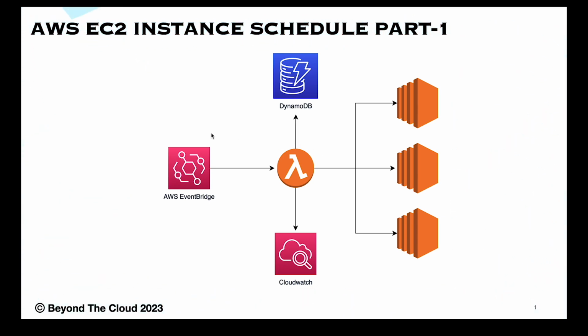That template actually provisions one EventBridge rule. That EventBridge rule will trigger one Lambda function. And that Lambda function will check the time in the DynamoDB table, that is, at which time it has to start the EC2 instances and at which time it has to stop them.